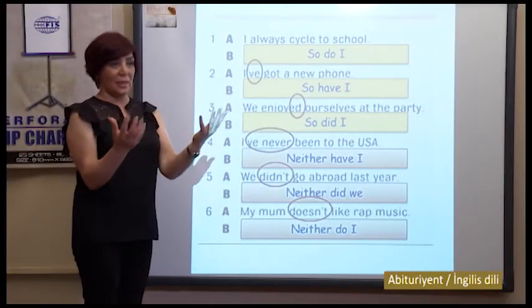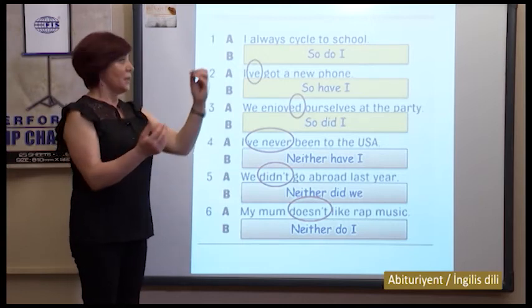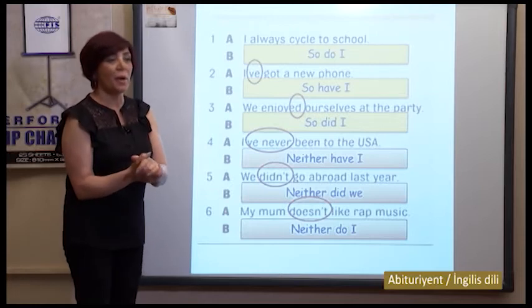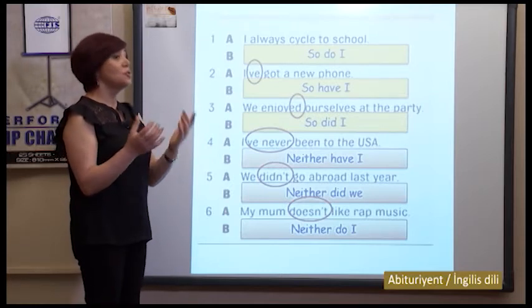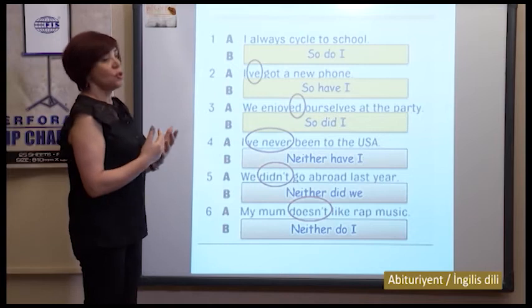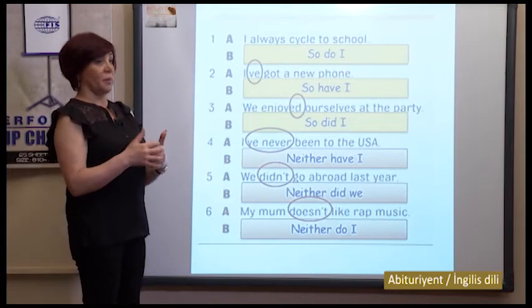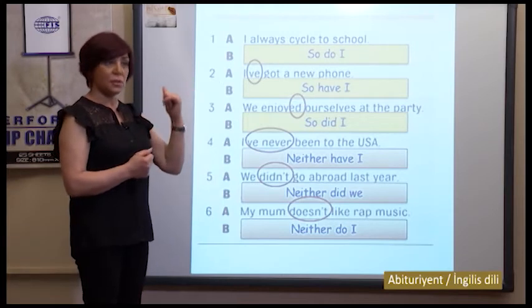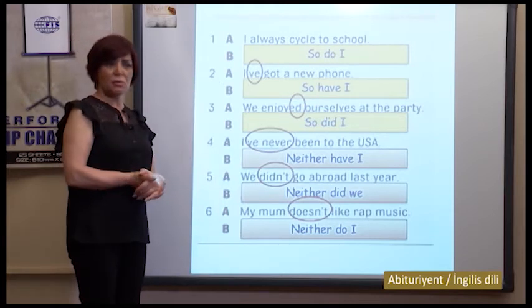Because cycle is a notional verb, and the yes-no question form of this sentence is formed by using the auxiliary do. And B says, so do I, but not so I do, and nothing about neither, because the meaning of the sentence is positive.